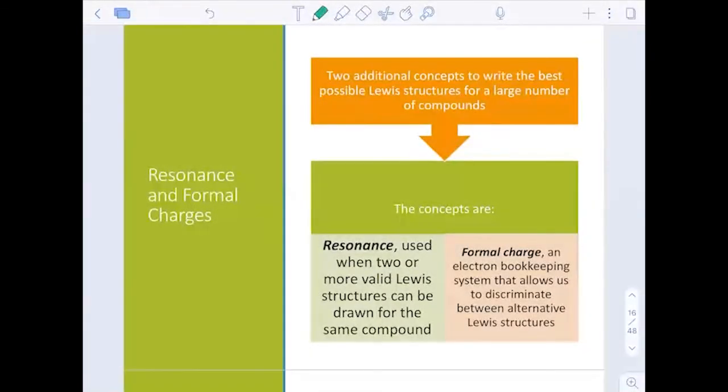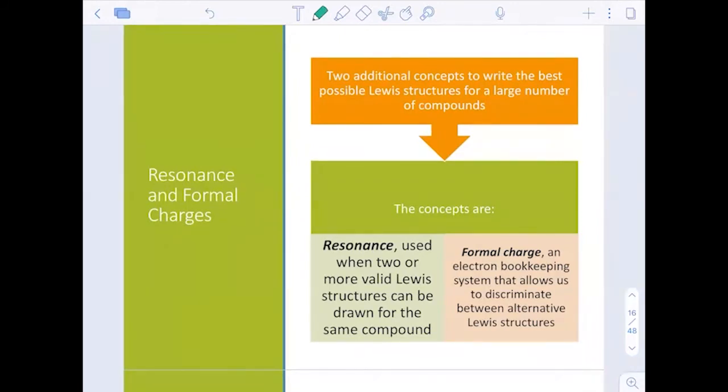Resonance and formal charge are 2 additional concepts to write the best Lewis structure possible for a large number of compounds. Primarily the ones that have a lot of electrons, like our last one, when we get up to 48 electrons, the idea of double and triple and expanded octets becomes more readily seen.